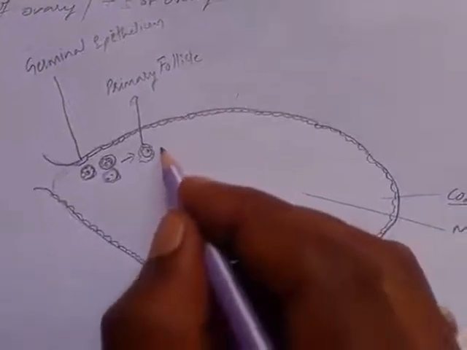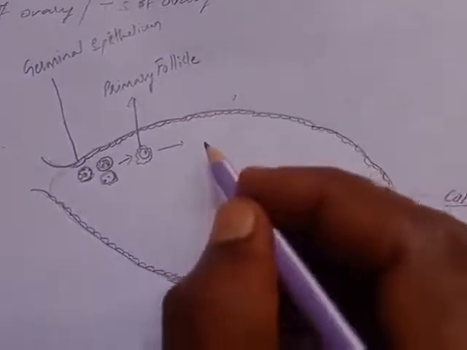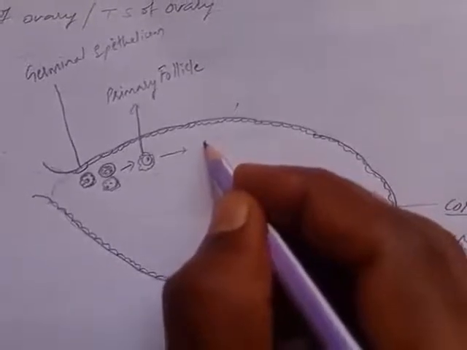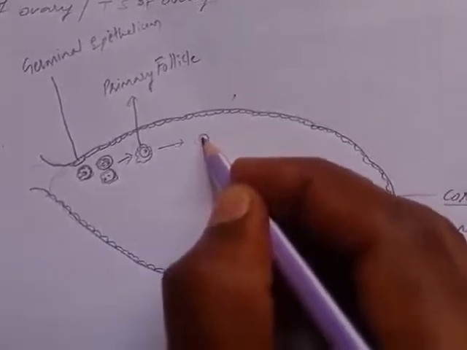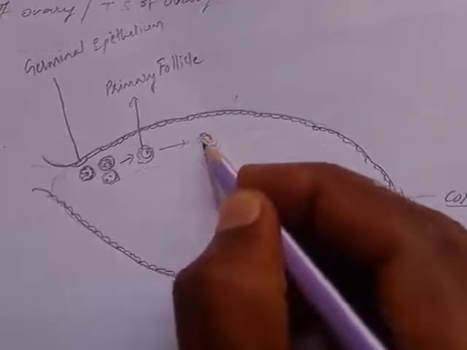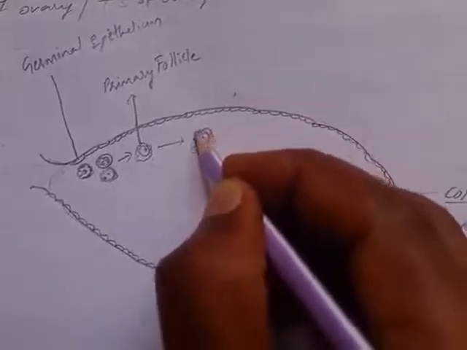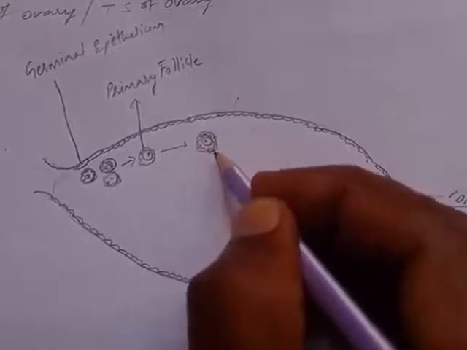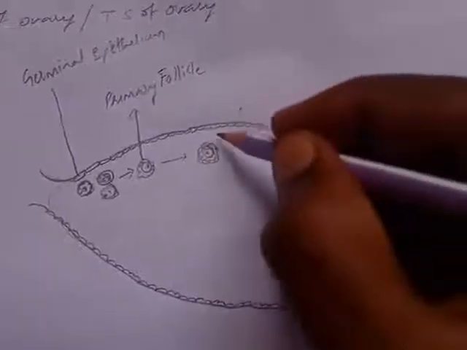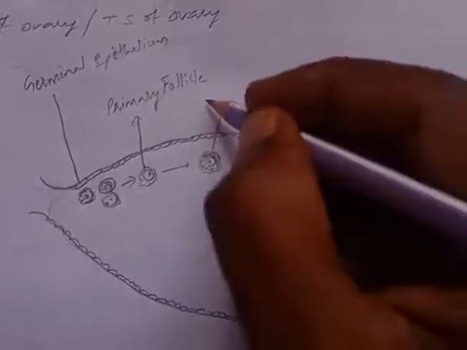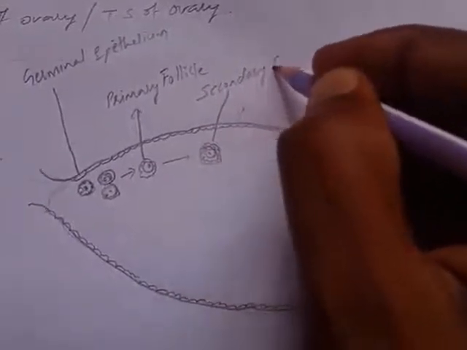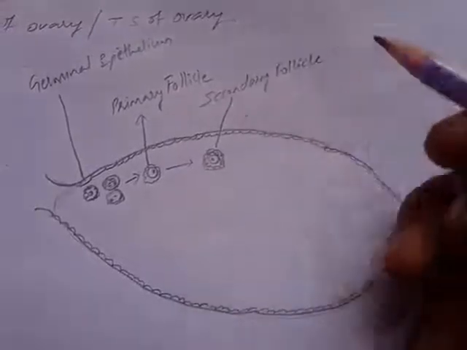This primary follicle further develops into the secondary follicle. The number of layers becomes more here, and it develops into a structure called the secondary follicle.